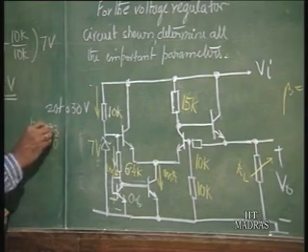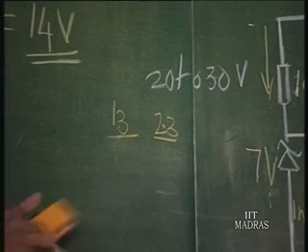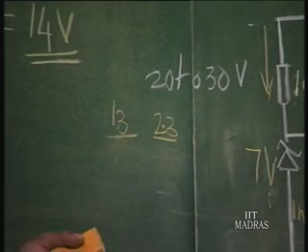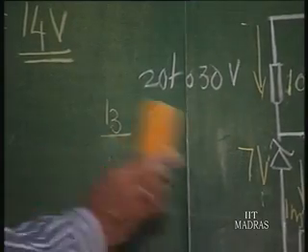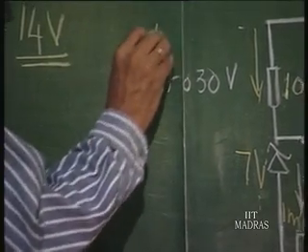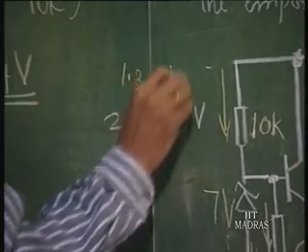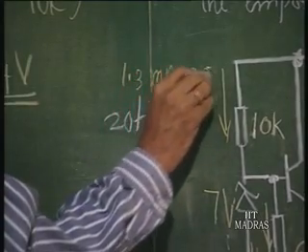So, it is varying from 1.3 milliamperes to 2.3 milliamperes. So, this current is varying, corresponding to this is 1.3 milliamperes, corresponding to this is 2.3 milliamperes.